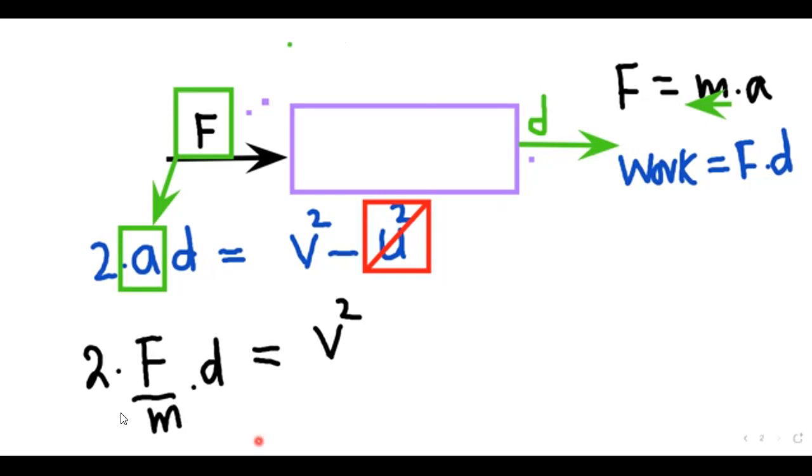Now let's move this mass term, which is in the denominator. If I move it to the other side, it would be in the numerator. So our equation would become 2 times F times D equals m v square.